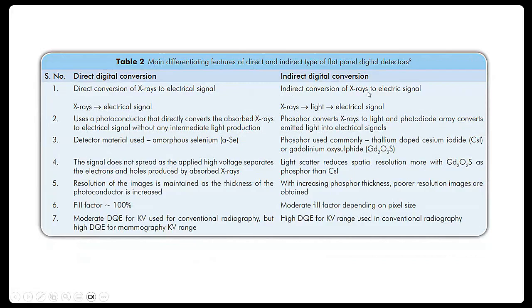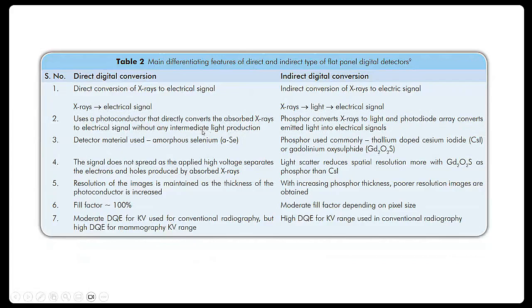But in indirect conversion, x-rays are first converted to light with the scintillator, then the light is converted to electrical signal with the photoconductor. Direct conversion uses a photoconductor that directly converts the absorbed X-rays into electrical signal without any intermediate light production.